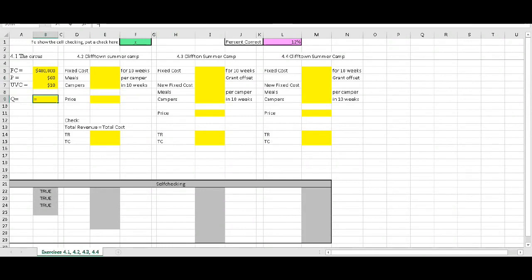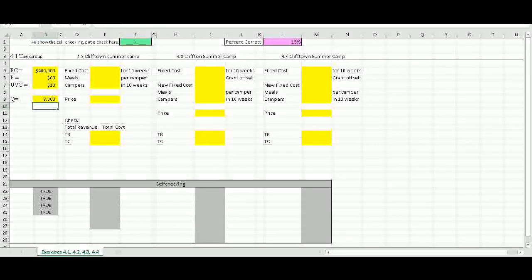You're going to take your fixed cost, in this case it's in B5, and divide that by the price you're planning on charging minus what you expect the variable cost to be. So you simply do that math first, that minus that. And poof, you need to sell 8,000 tickets.